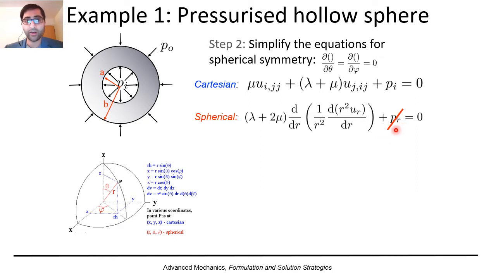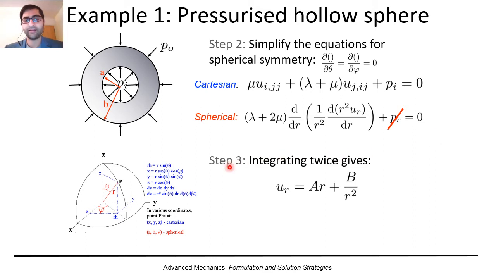Note that b r is not a function of r, theta, or phi, so basically it disappears. And integrating twice with respect to r, we get u r is equal to A r plus B divided by r squared. A and B are constants that we're going to find based on the boundary conditions later.